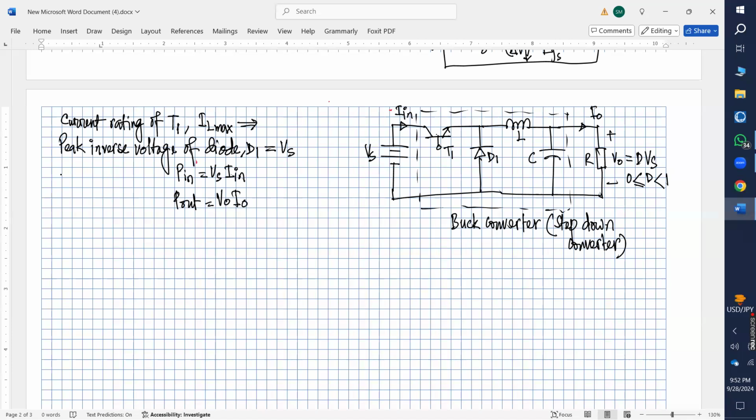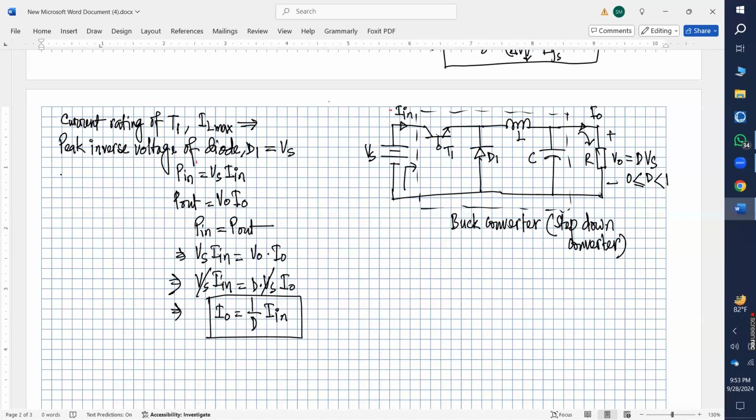So whatever power you dump inside the circuit will come across the load. So P in equals P out. Vs multiplied by I in equals V naught multiplied by I naught, or Vs multiplied by I in equals D multiplied by Vs multiplied by I naught. If we cancel Vs, then I naught is nothing but 1 over D multiplied by I in.